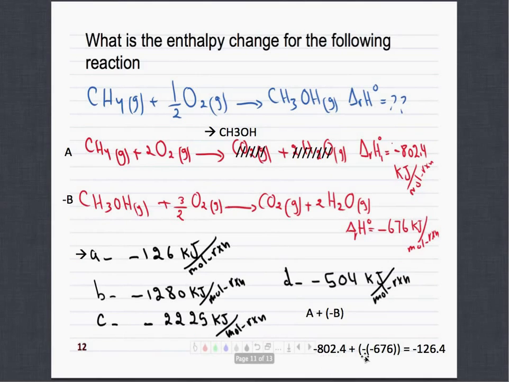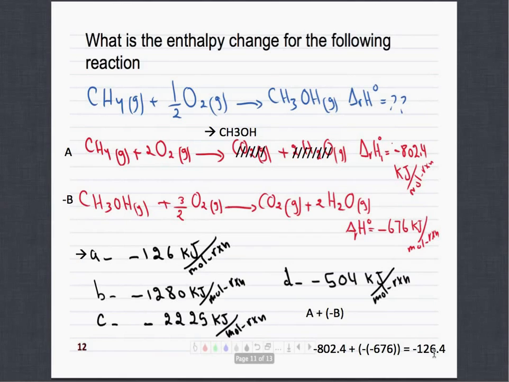Now, usually, I have 2 oxygen on this side, and on the other side of the equation, I have 3/2 oxygen. So 2 minus 3/2 oxygen, it's 4/2 minus 3/2, equal to half oxygen.